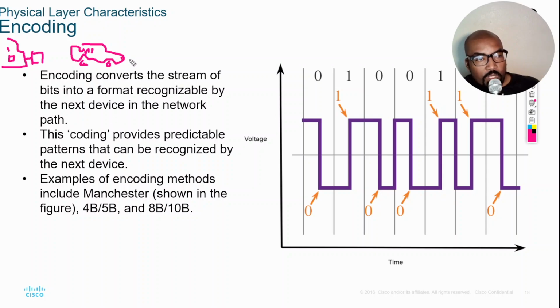So the UPS truck takes off and goes to the little hub, and somebody may offload all of the contents on the truck, i.e. data, and another truck may have the exact route on where that package needs to go. Or in other words, the next device in the network path, something that's recognizable, right?